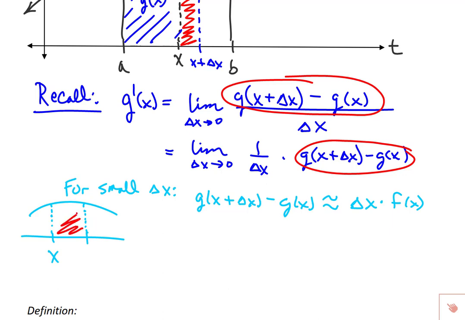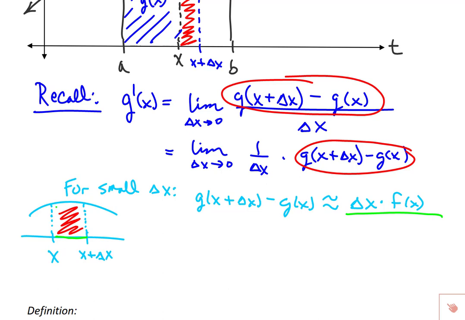That's what we've been describing with this red region here, this g of x plus delta x minus g of x. But what this recent statement is saying for small values of delta x is that the right side here, this delta x times f of x, which I'm going to draw on this additional diagram, would be like a base of delta x, that's the width of this little space from x to x plus delta x, times f of x.